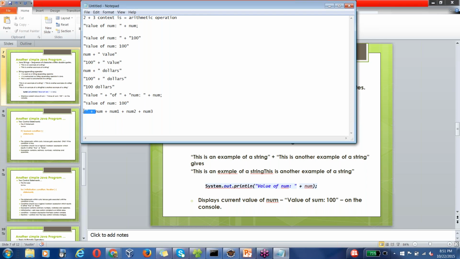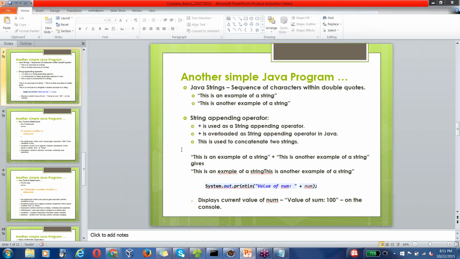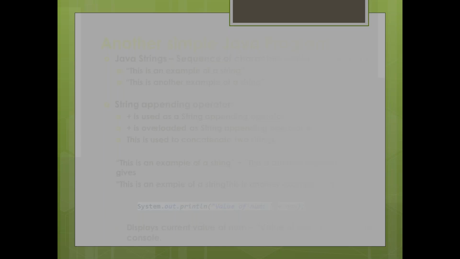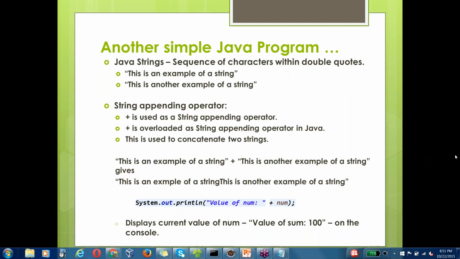If you remove the string, Java considers this an arithmetic operation and adds the values stored in all these three variables. Hope you have got what I'm trying to explain. Please let me know if you have any questions regarding this.